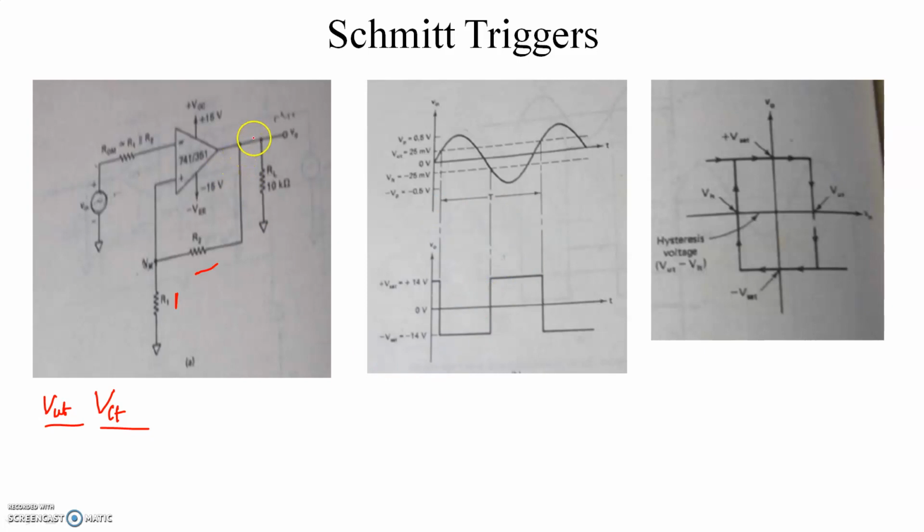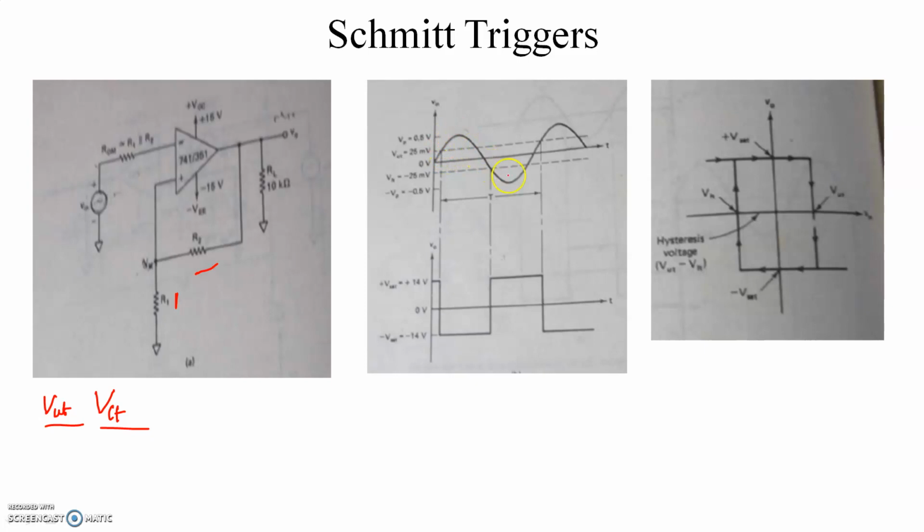When Vin is more than VUT, the net differential input voltage, V1 minus V2, becomes negative, and hence the output voltage switches to negative saturation.